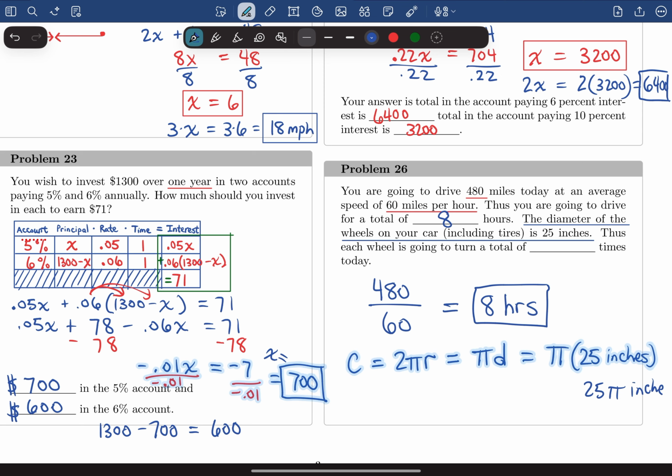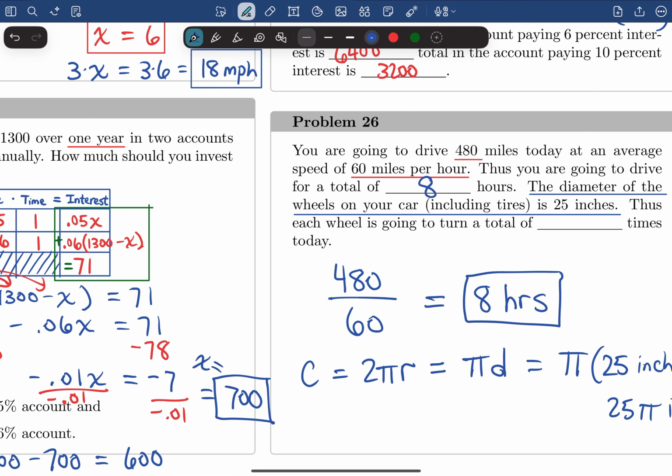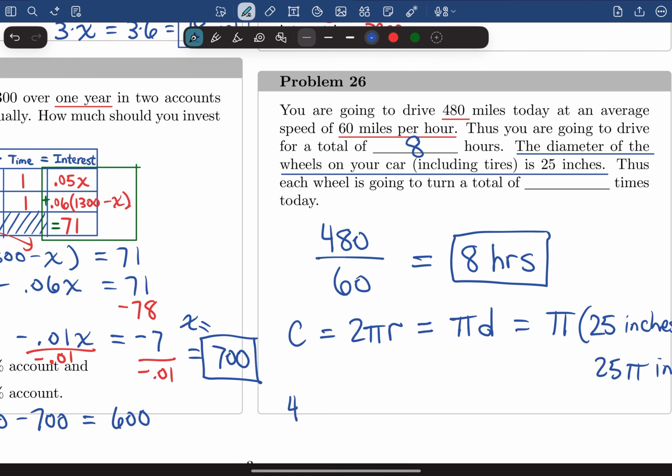Now, to know how many times our wheel is going to turn, we've got to do unit conversions from miles into inches, right? So we've got 480 miles that we're starting with. That's the total distance that we're traveling. Now we have to multiply that by the amount of miles and feet.